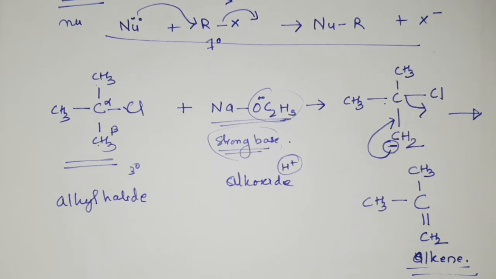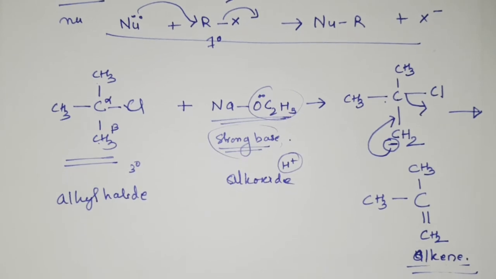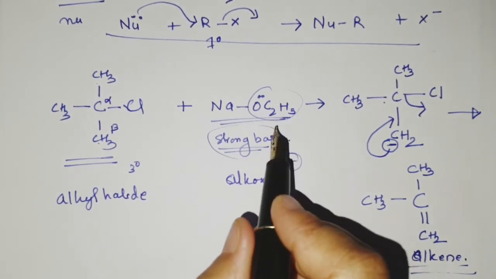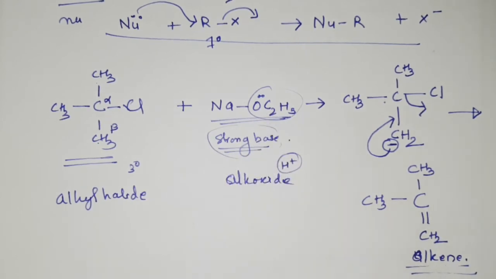You will not get any ether as a product. Alkoxide sometimes acts as a strong nucleophile and sometimes as a strong base, depending on which halide you are using.